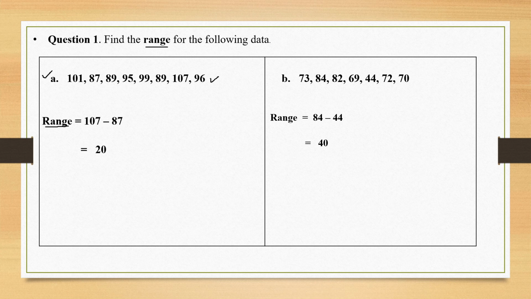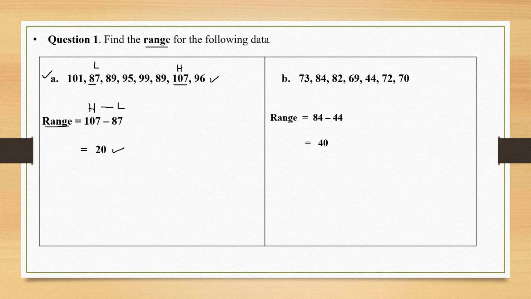We look at the highest value, which is 107, and the lowest value, which is 87. To find the range, we take the highest value minus the lowest value. So 107 minus 87, and the answer is 20.